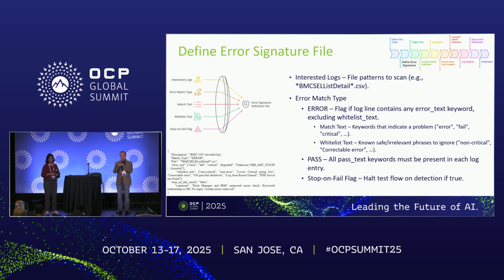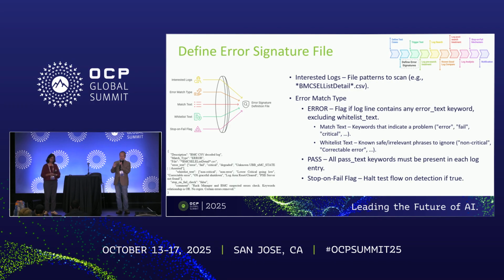So the error signature file basically is so we have more granularity to provide to the test engineers or debug engineers, so they can specify which log files, for example, the BMC CLI logs, the Redfish events, or the Linux or Windows dmesg events, what log they are interested in or concerned about most, and define the error signature for each individual one.